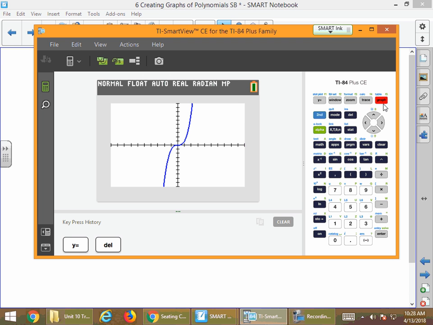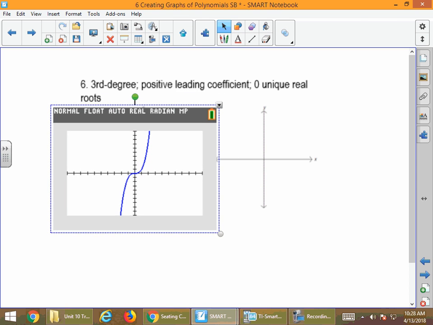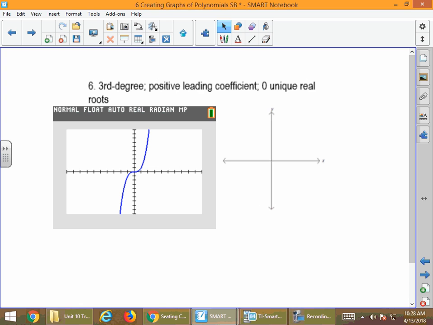It looks like this. And I'll even pull it over here into our screen for a moment. That's the simplest that we can draw that picture. Well, yes, it's a 3rd degree polynomial. Yes, it has a positive leading coefficient because we're finishing towards positive infinity if we look right on the graph.